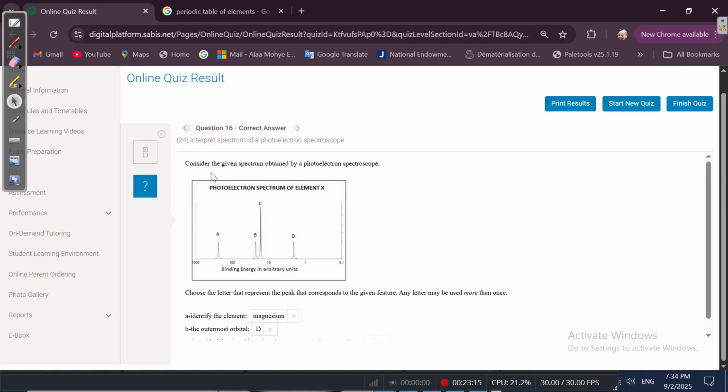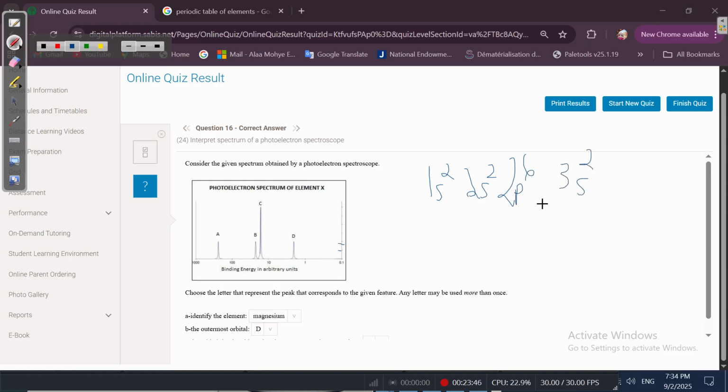Choose the letter. Identify the element. Here there are 2 peaks at the 1s2, so 1s2. Then 2s is as well 2 peaks, so 2s2. Then 2p, how much? 1, 2, 3, 4, 5, 6, so 2p6. Then 3s2.